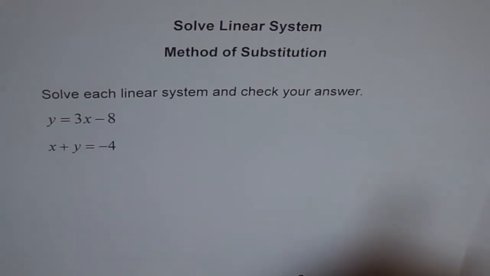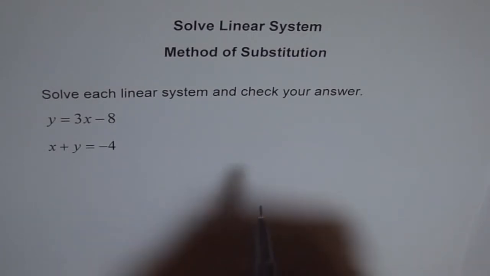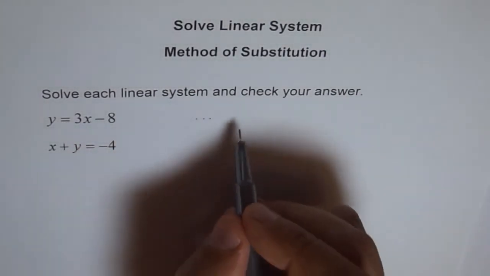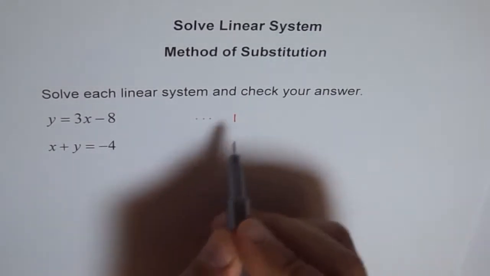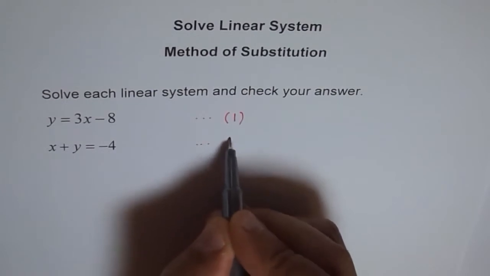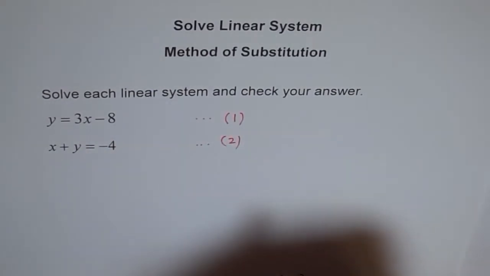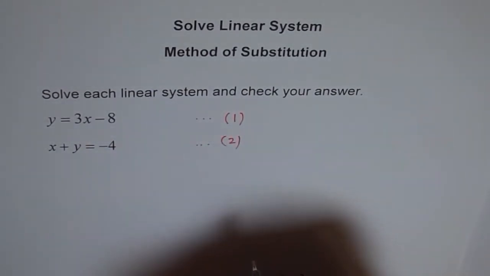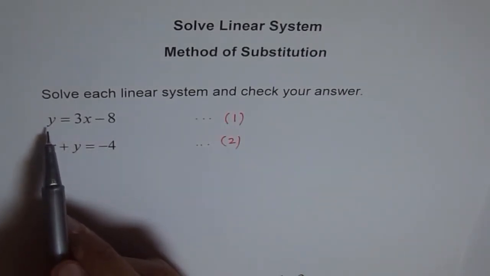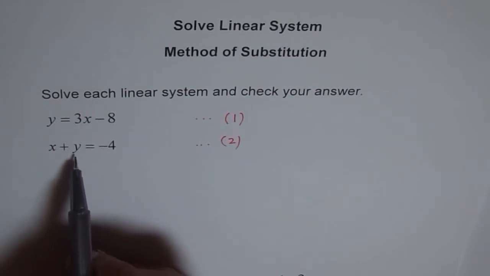I will show you the method you should follow to answer any question on a linear system and its solution with substitution. First and foremost, you should write a number for each equation. So the first equation, let's give it number 1, in parentheses. The second equation, number 2. So we have these two equations. And then, what are we planning to do? We are planning to substitute the value of y from equation 1 to equation 2.